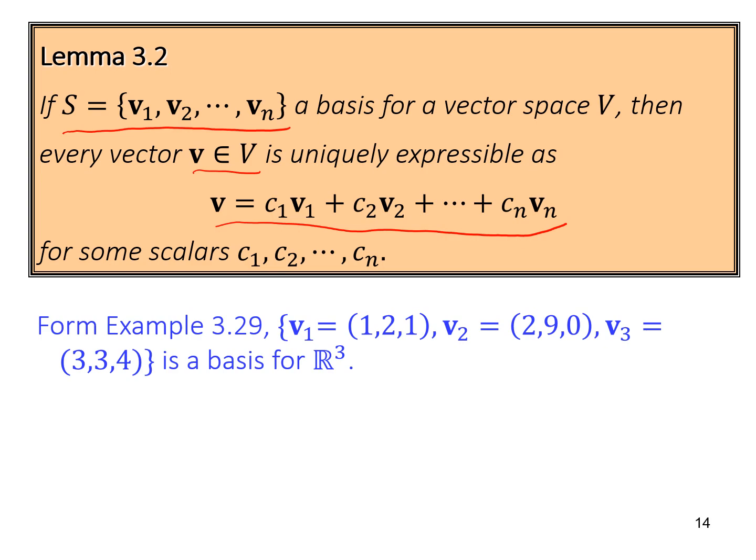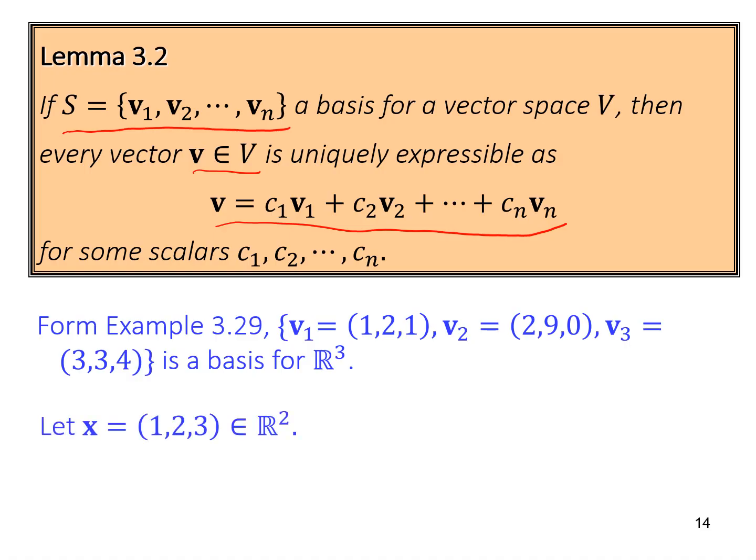To verify this lemma, we are going to consider the vector space R3, and the basis of R3 that we consider here is from example 3.29, where the basis contains V1, V2, and V3 as follows.